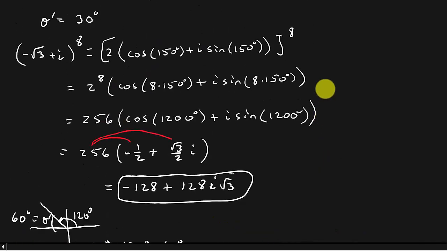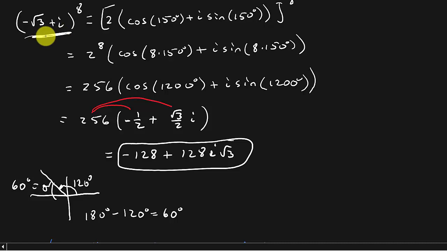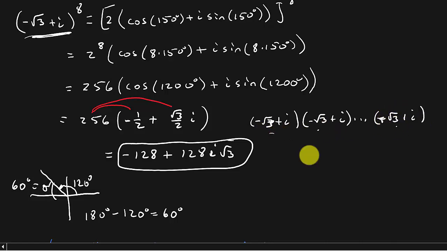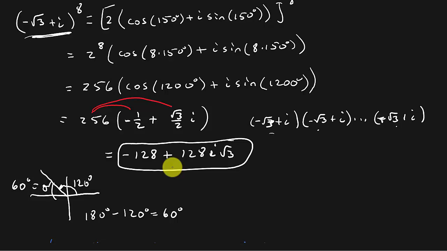And look, if you took negative square root of 3 plus i, and multiplied 8 of these factors all out, this is what you would get. It's just easier when that complex number is in trigonometric form. That's the whole point of this. Writing it in trigonometric form makes it much easier.